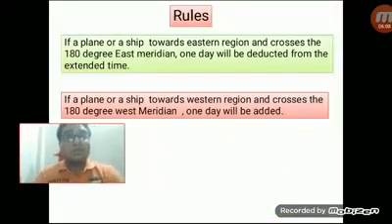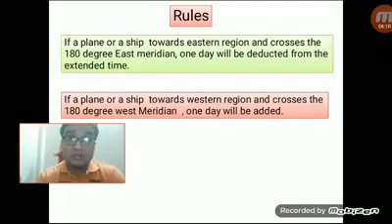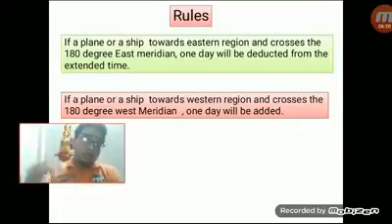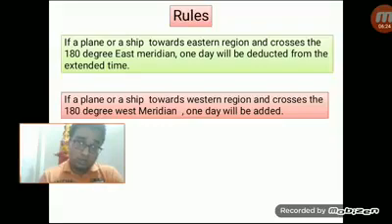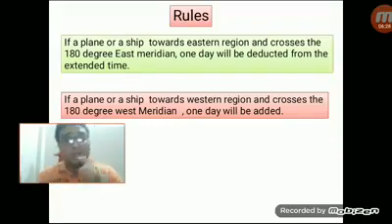Okay, first of all, if a plane or ship travels towards the eastern region and crosses the 180 degree meridian, one day will be deducted from the extended time. That means if a ship or a plane crosses the international dateline from the eastern side, 1 day will be deducted.